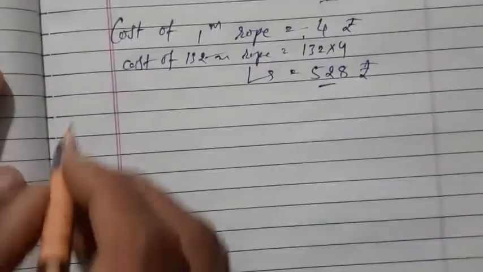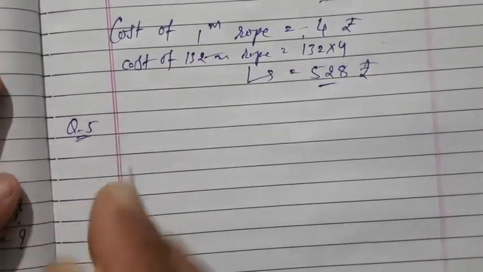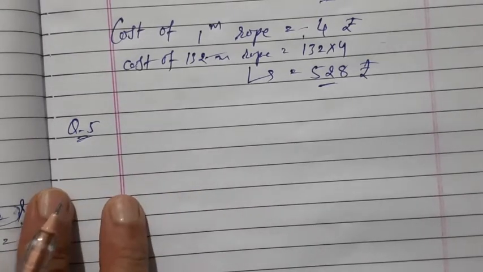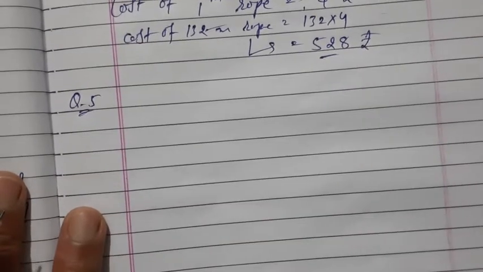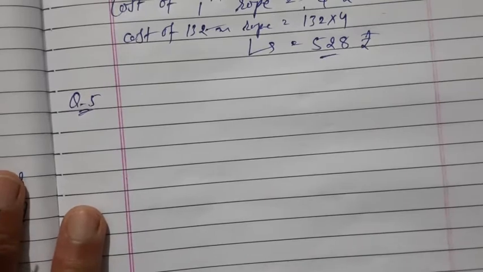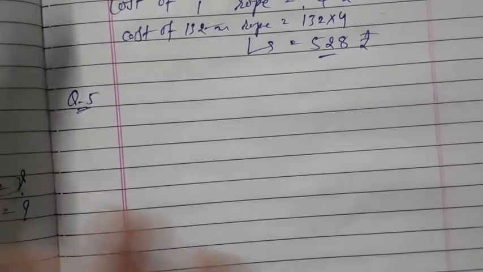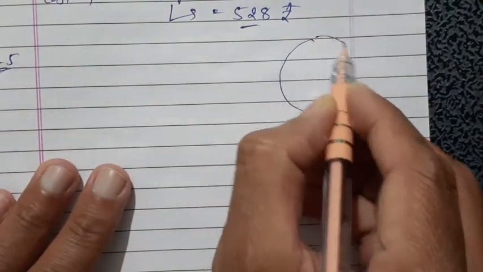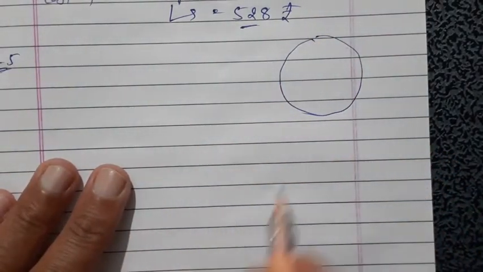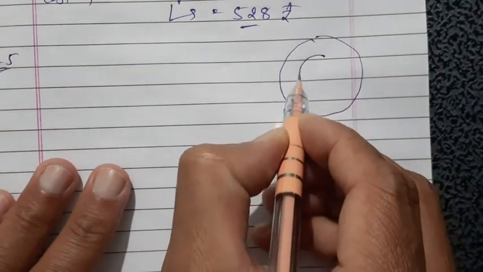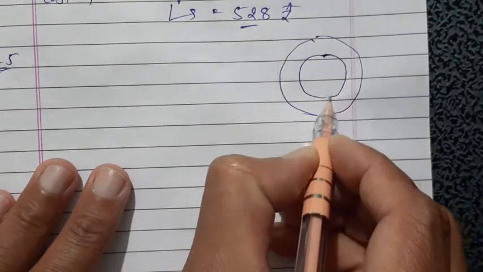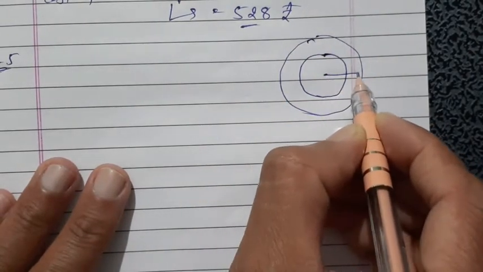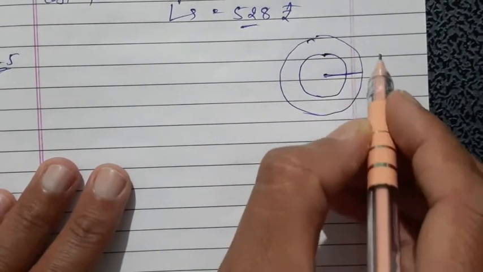Okay, question number 5. From a circular sheet of radius 4 cm, a circle of radius 3 cm is removed. Find the area of the remaining sheet. Okay, one sheet is there which is in a circular shape, and we remove one more circle from that one. The radius of the bigger one, the original sheet, is 4.